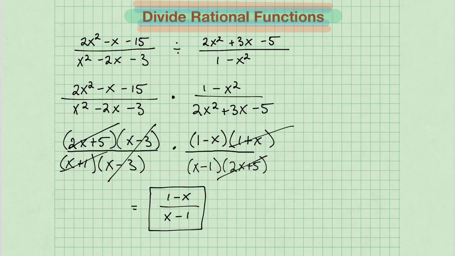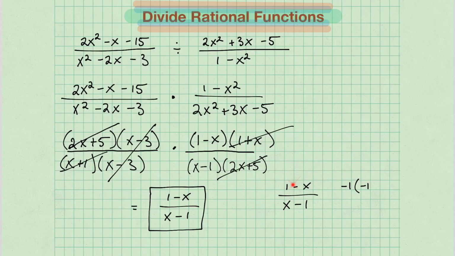That if I have 1 minus x over x minus 1, if I were to factor out a negative 1, let's say negative 1 times, well, negative 1 factored out of 1, that's going to leave me negative 1. Because negative 1 times negative 1 will give me a positive 1.